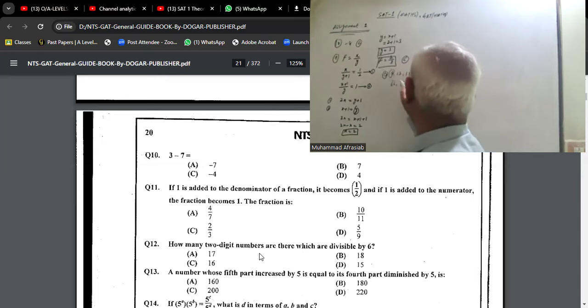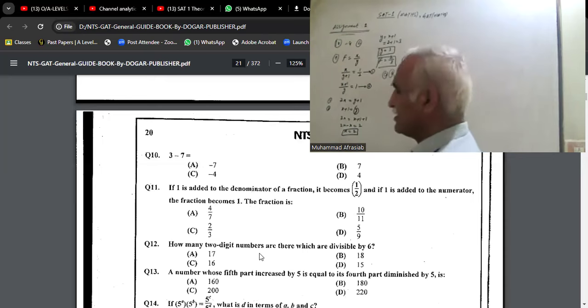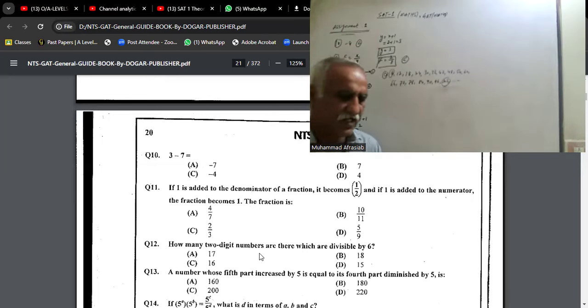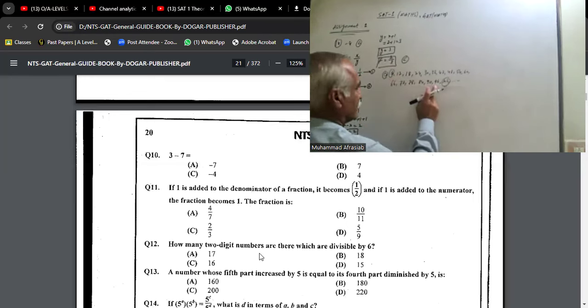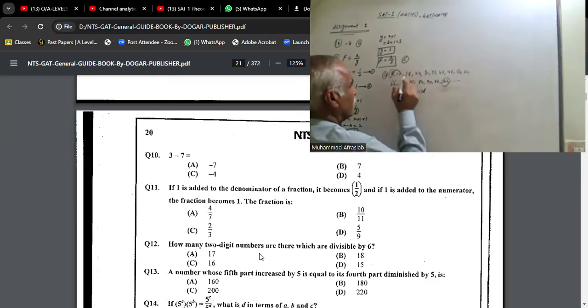But they are asking for the two-digit numbers, so it means 6 and 102 onwards will be eliminated there. So they are starting from this 12 and they are going to 96. So either you can count these numbers or you can use this arithmetic progression formula, a plus n minus 1 times d, because they are constantly increasing with the difference 6. So an is 96, a is the starting value, which is 12, n is unknown, and d is 6 because the difference between these two is 6.